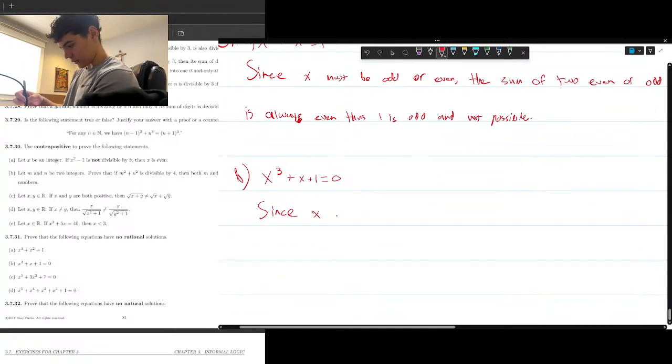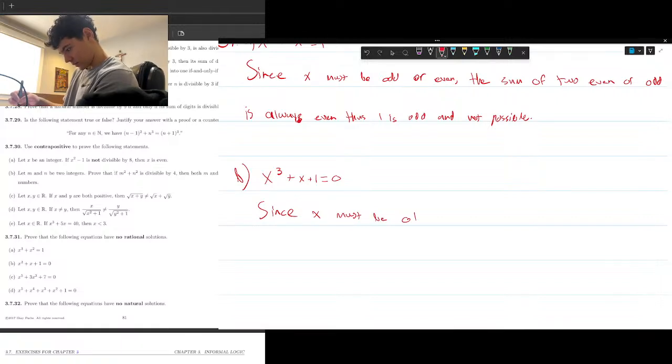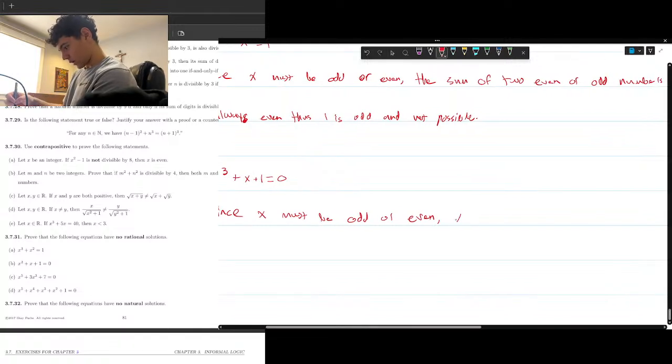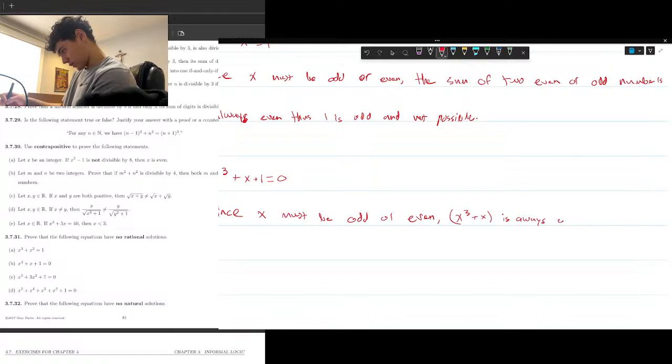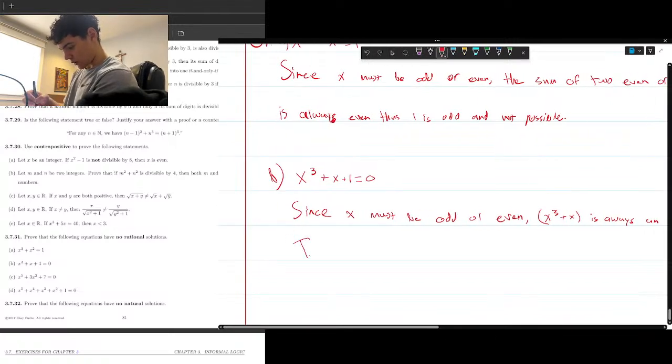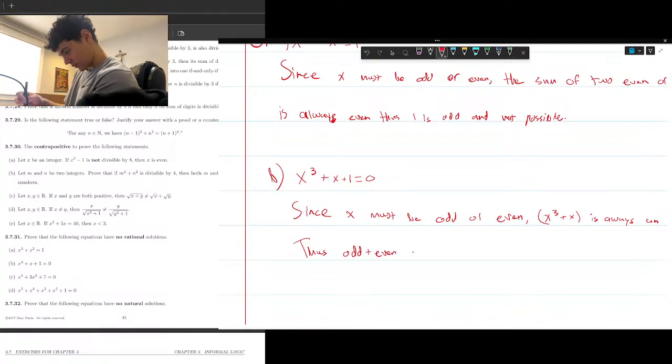Since x must be odd or even, x cubed plus x is always an even number. Thus, odd plus even is equal to odd. 0 is not possible because 0 is an even number.